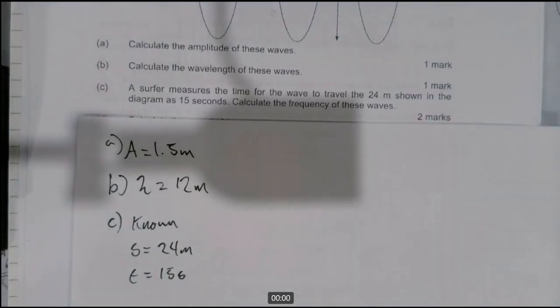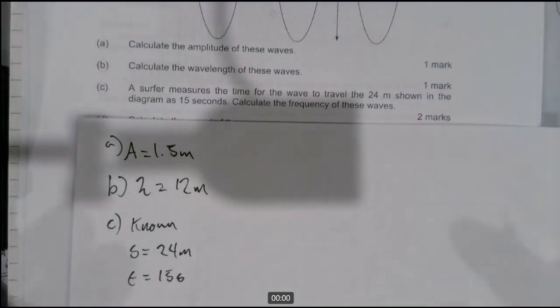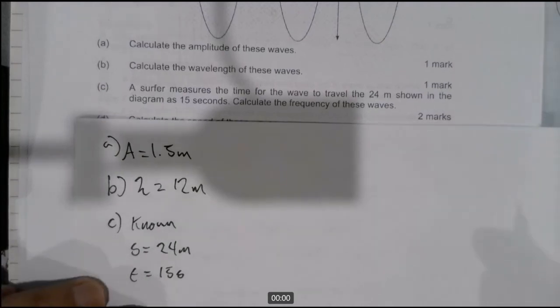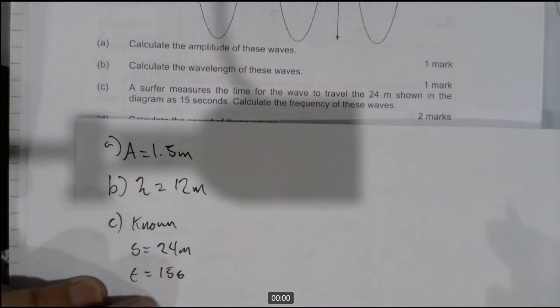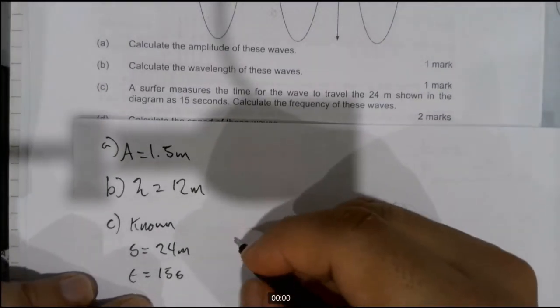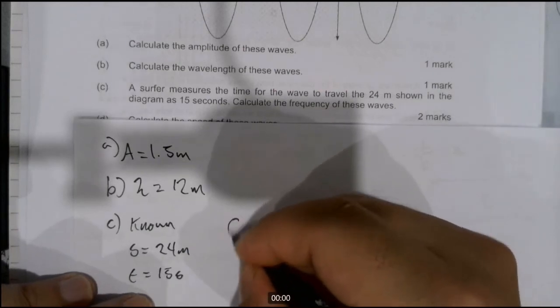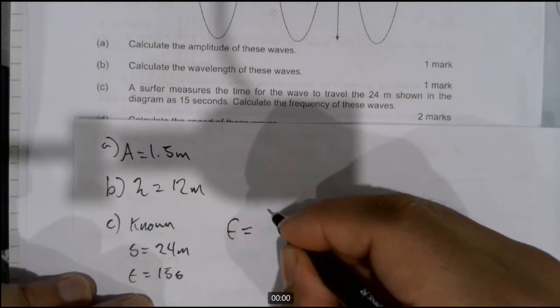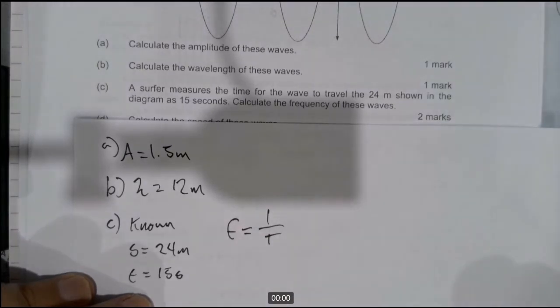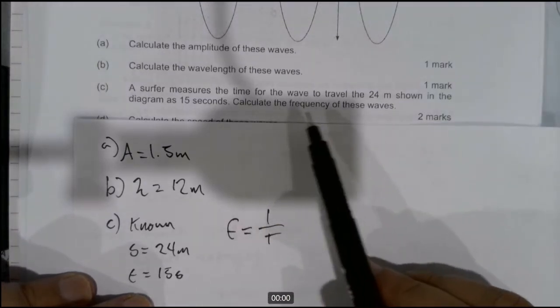Okay, there's a couple of ways that you can calculate this one. The more intuitive way is to figure out the period and solve for the frequency. So remember, the frequency is equal to 1 over the period of a wave.